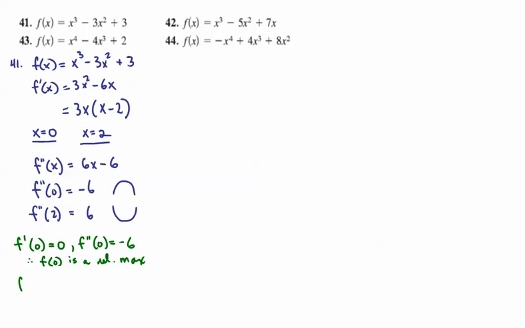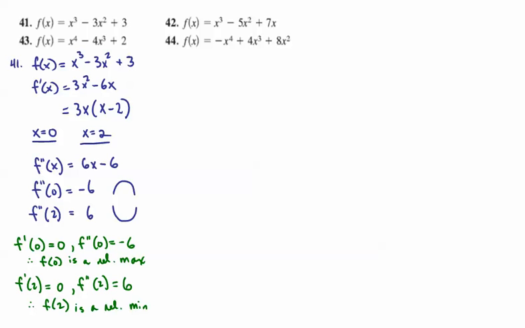Alright, f prime of 2 is 0, and f prime prime of 2 is positive. Therefore, f of 2 is a relative min. Right?